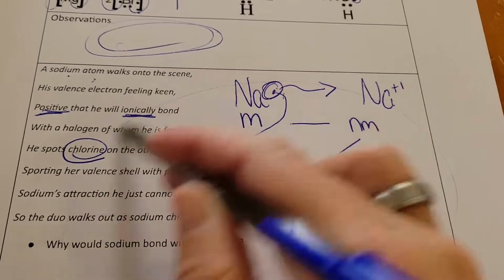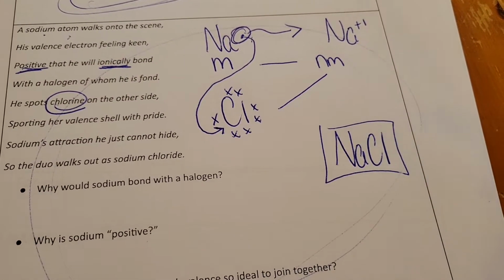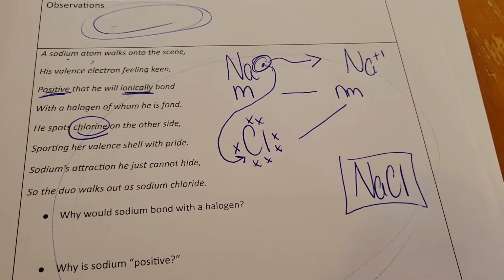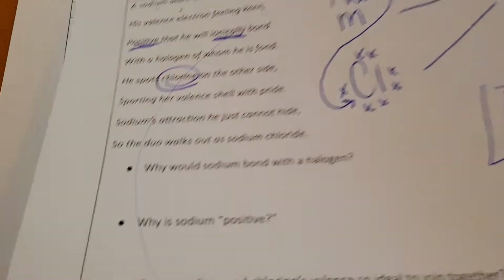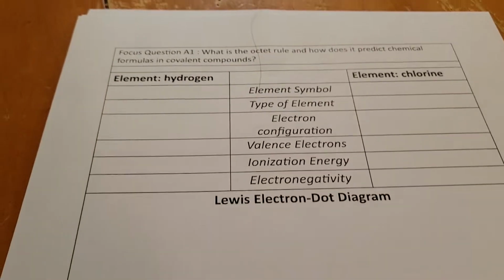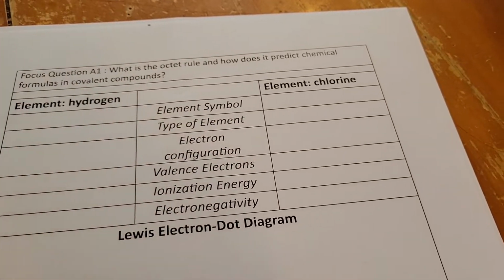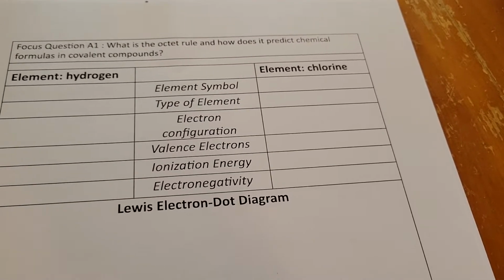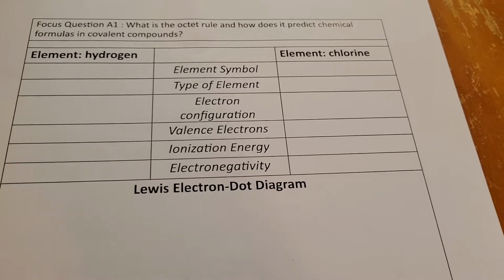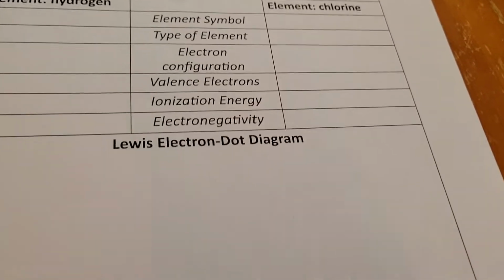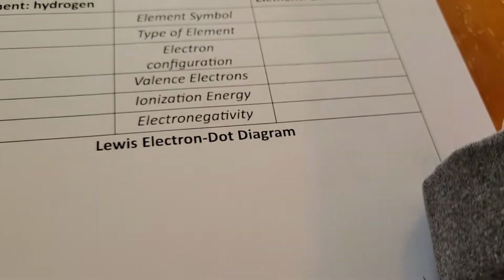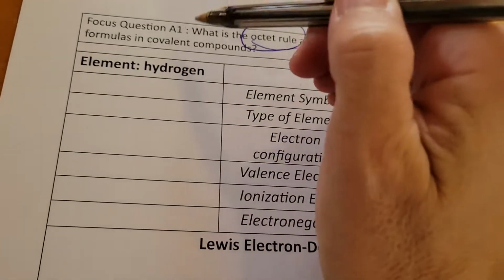So this is ionic, what we did in the last notebook, just to sum that up before we move on to covalent. All right, so the covalent pages look similar to how we worked through our ionic ones. So they're the same type of concept. We're still thinking about the octet rule, but now we're thinking about covalent.